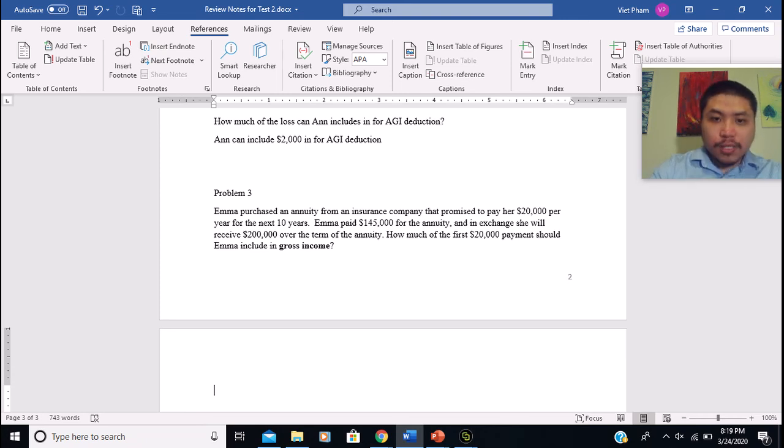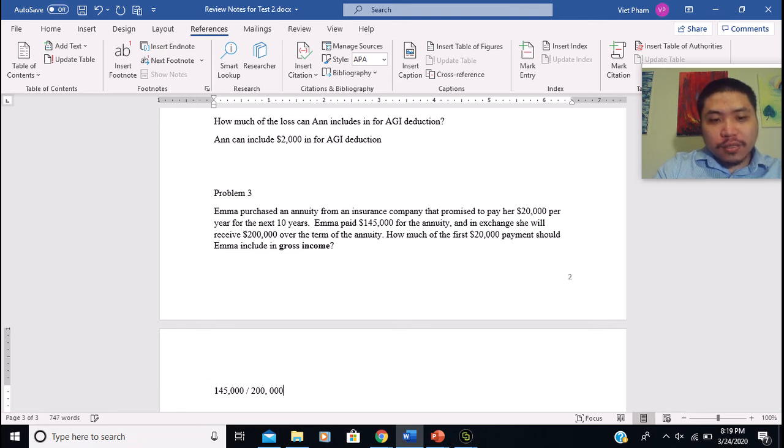So let's do this. Let's just type the formula. So $145,000 divided by $200,000. Right.